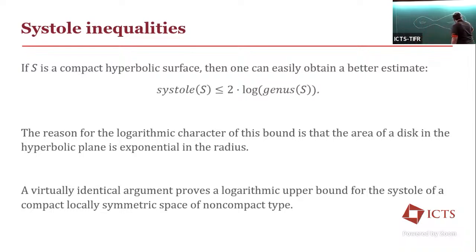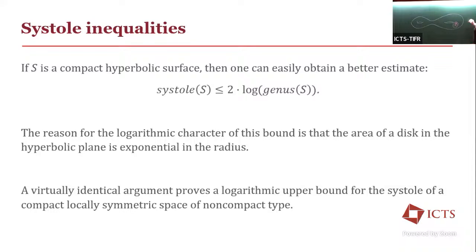Let's say its radius is r. All right, start expanding the radius. So eventually, the disk has to intersect itself. The idea is the disk has some finite area that's growing with the radius, and our whole surface, whose area has to be bigger than that of the disk, well, has finite area.